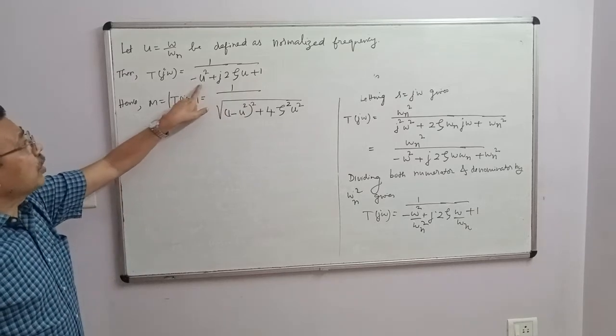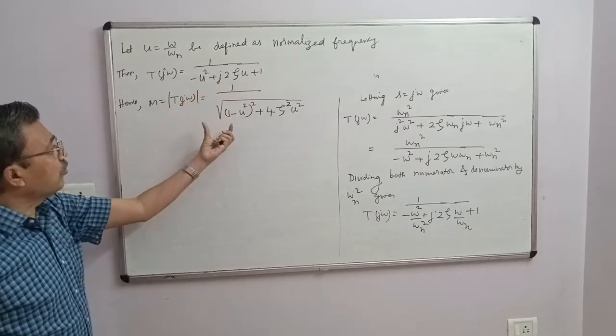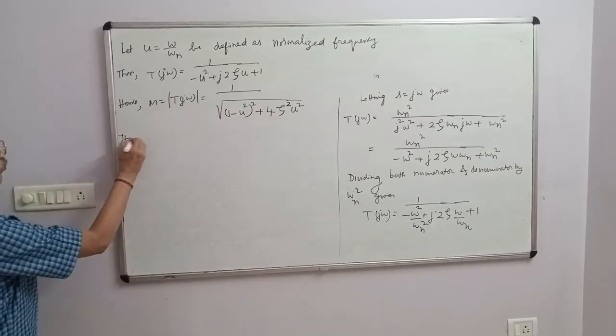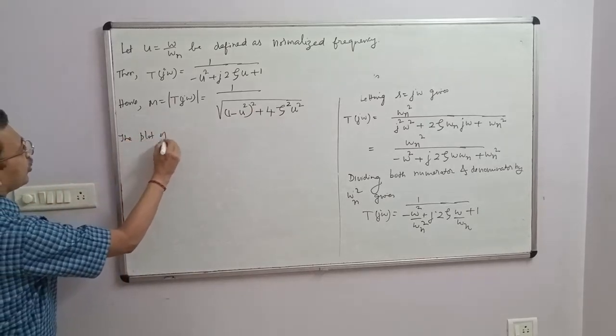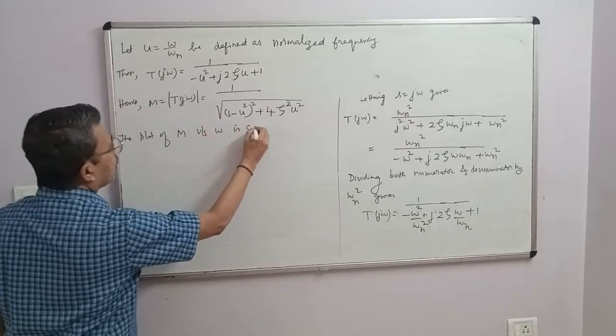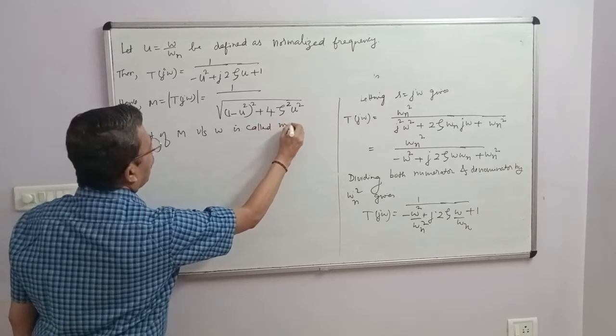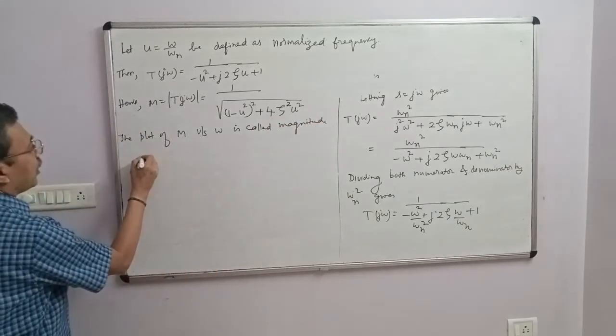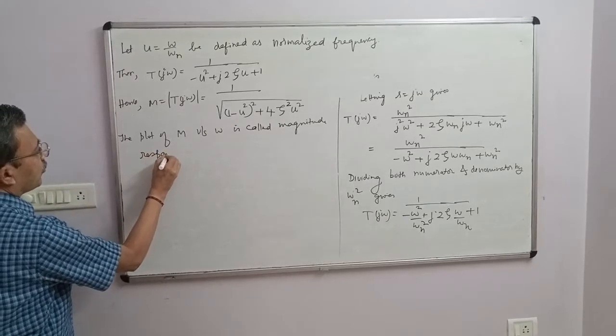What is imaginary part? 2 times zeta u. Real part square plus imaginary part square under root. The plot of m versus omega is called magnitude response.